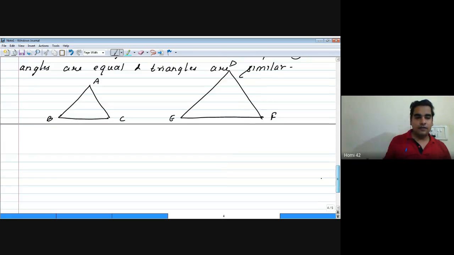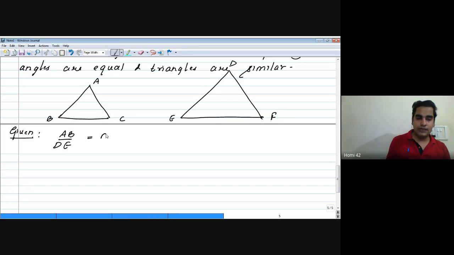Look, what is given here? We are given AB upon DE is equal to BC upon EF is equal to CA upon FD.